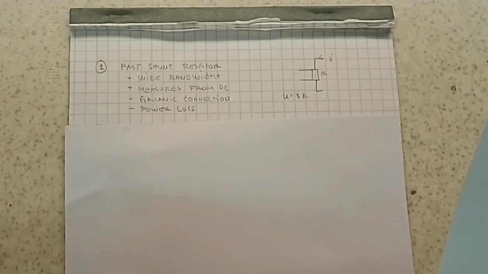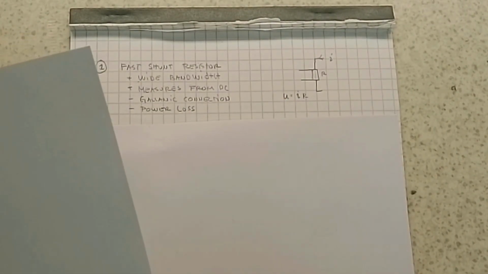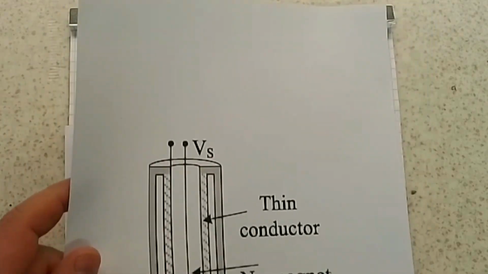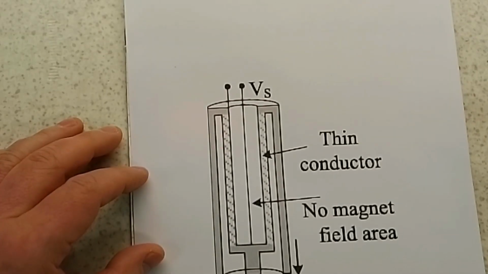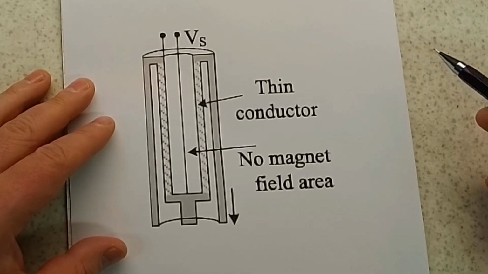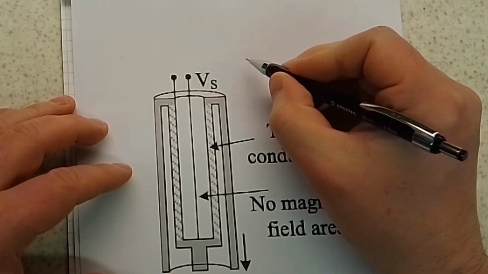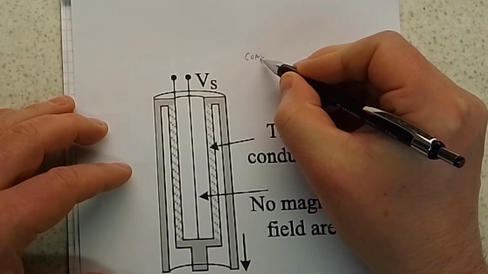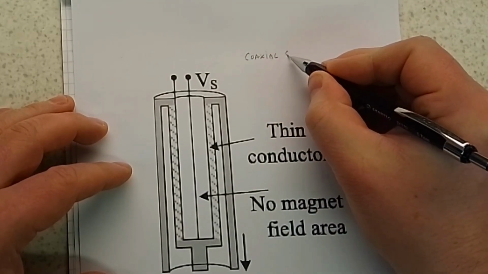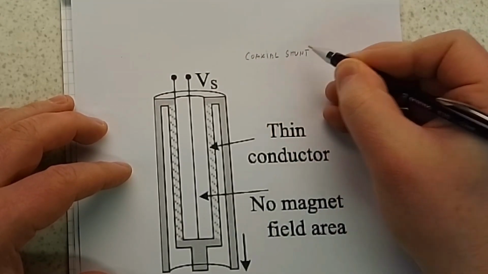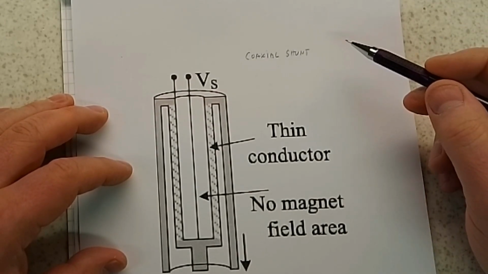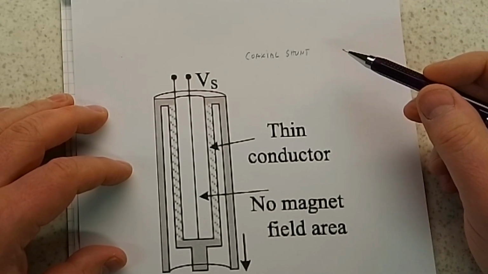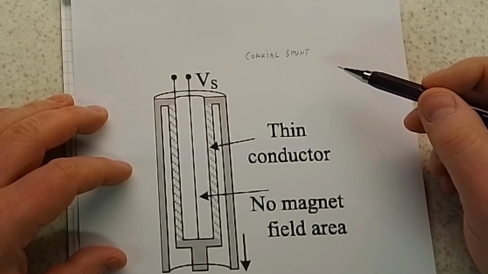This is a basic shunt, but when we want higher bandwidths, we use a shunt like this. This is called a coaxial shunt. It means that parasitic inductance is removed or minimized.